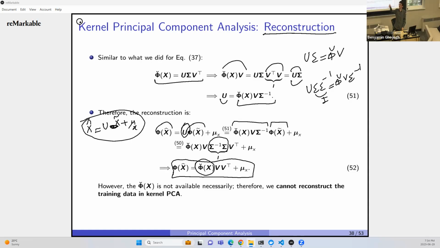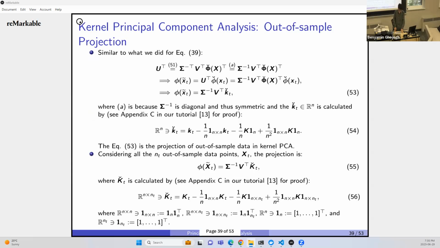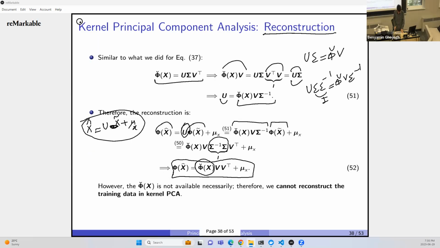If you go to the scikit-learn implementation of kernel PCA, for example, there is no reconstruction for it. Right? You can't. You can only project. Okay, I just wanted to show you. We cannot reconstruct the training data in kernel PCA.